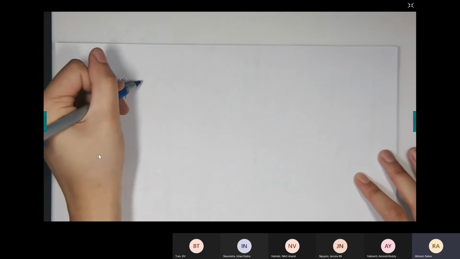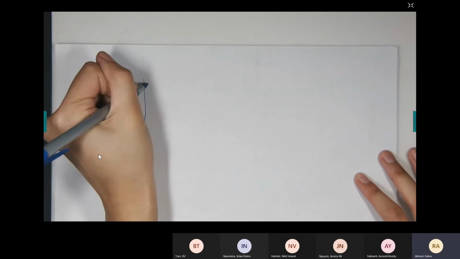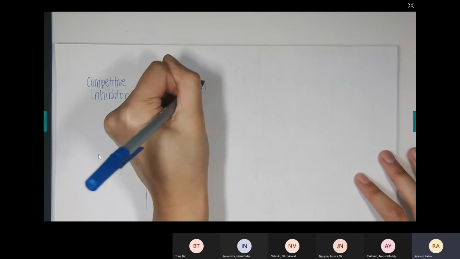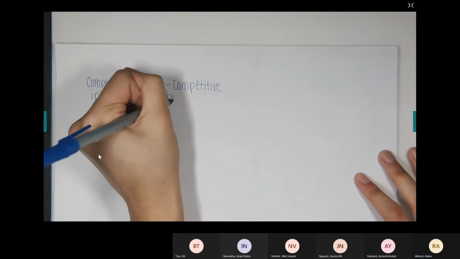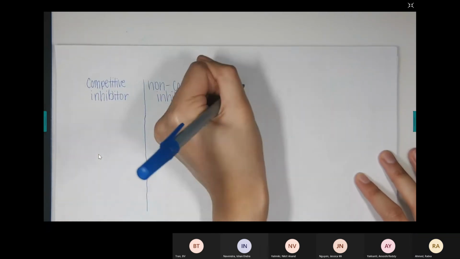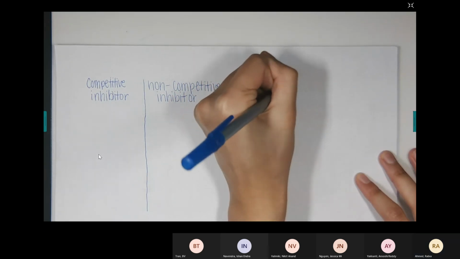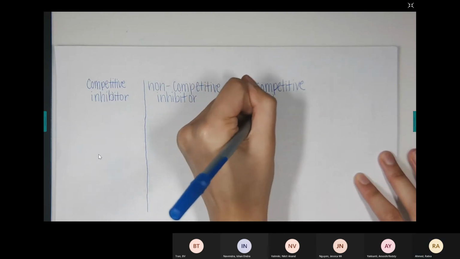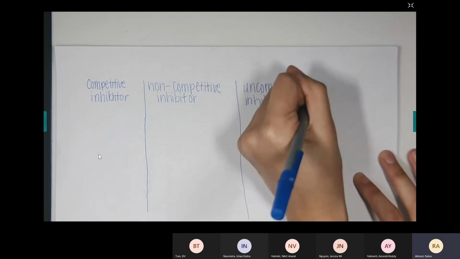And then we have non-competitive, which is what we saw in our problem. Uncompetitive. And then we have mixed.